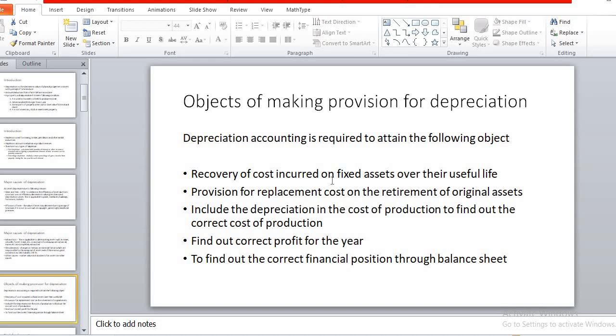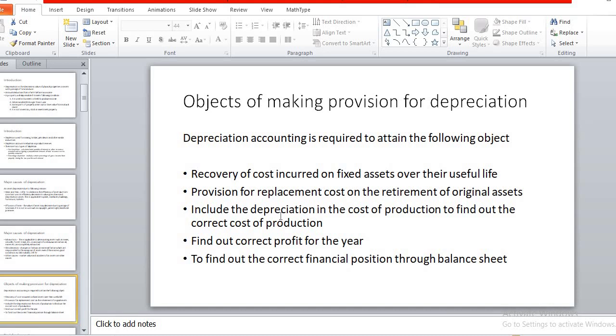Such recovery of the cost incurred on the fixed assets is the objective of the provision of depreciation. Again, for the replacement of old machines or old assets, we record some money, and that provision we also get through depreciation. So the depreciation provision is made, and from that amount we can purchase a new machine by replacing the older one.